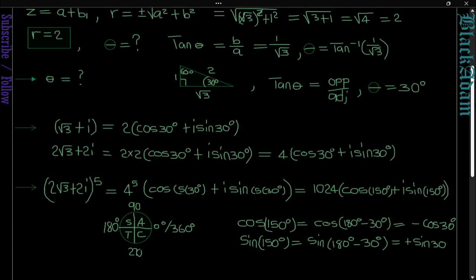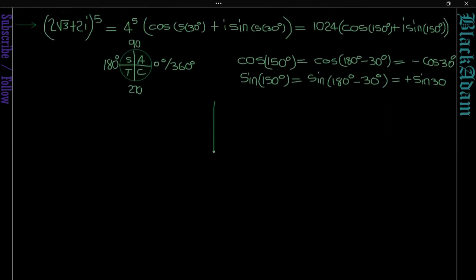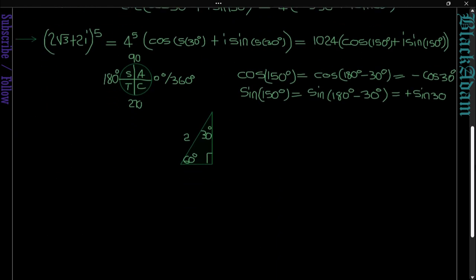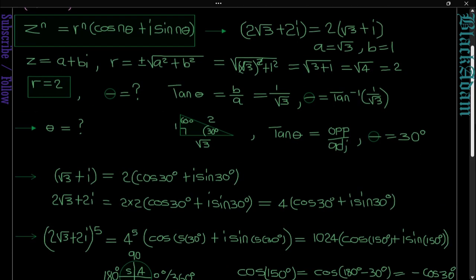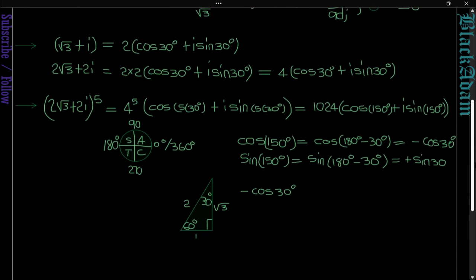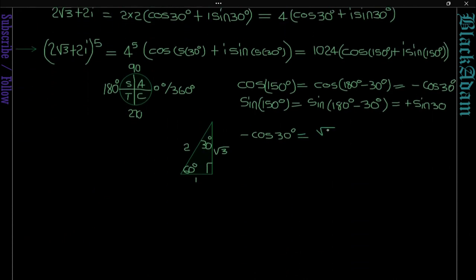Using the special angle once again to find sine 30 and cos 30, we have 60 degrees and 30 degrees in a right angle triangle, hypotenuse 2, opposite 1 and root 3. Negative cos 30 degrees is adjacent over hypotenuse, so it's negative root 3 over 2, and sine 30 degrees is 1 over 2.